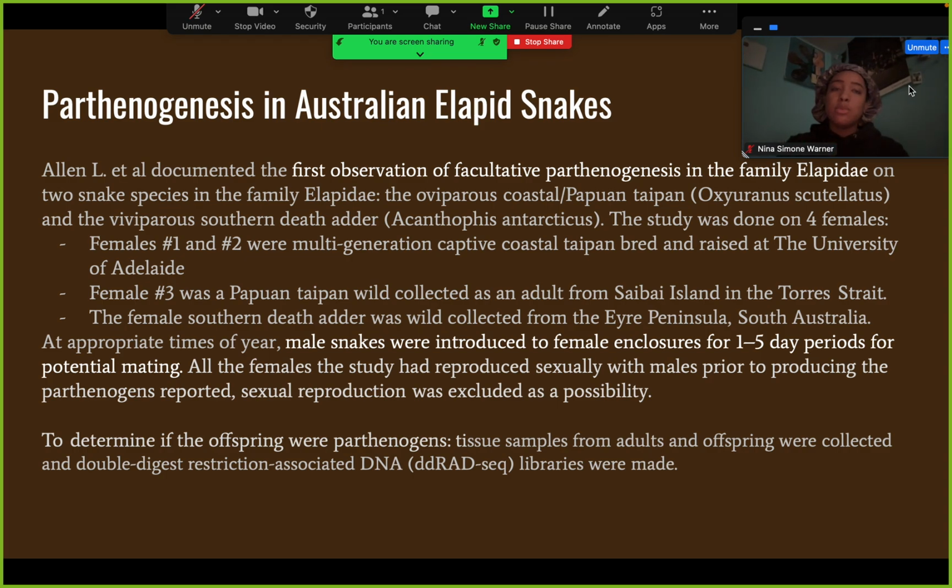They wanted to mock males in breeding season. So they brought males in for 1 to 5 day periods during mating season to try to get the females to mate with them, to prove that parthenogenesis isn't because of a low population of males. However, it's due to the female's choice.